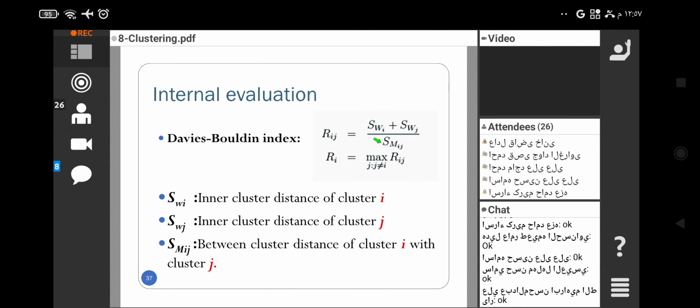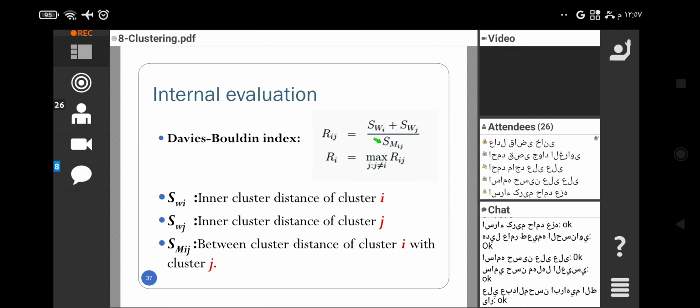Okay? So if we want to evaluate the clustering algorithm, we calculate the inner cluster distance of each cluster, and then we calculate the between cluster distance of all of the clusters. We do these two for all of the clusters.